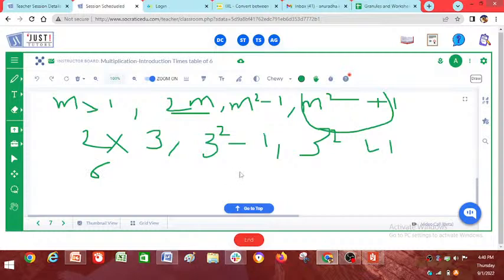And we know 3 square is 9, minus 1 is 8, and we will write 8 here. And then 3 square plus 1 is 9 plus 1, so we will get 10. So these three are called Pythagorean triplet.